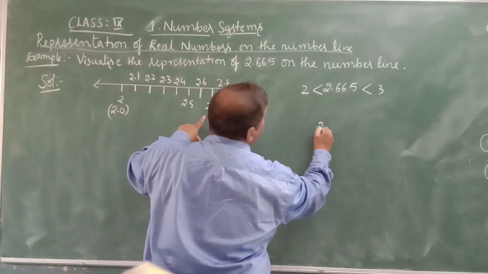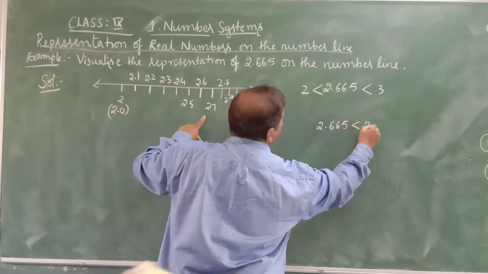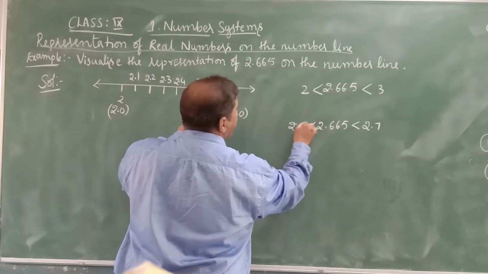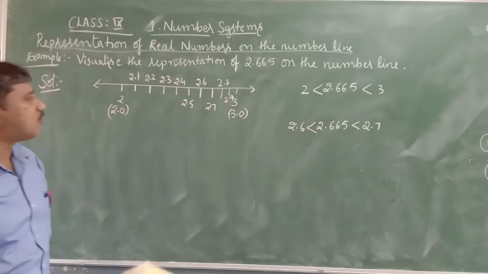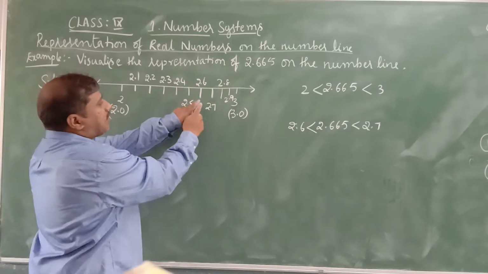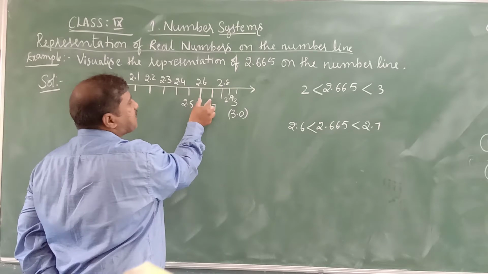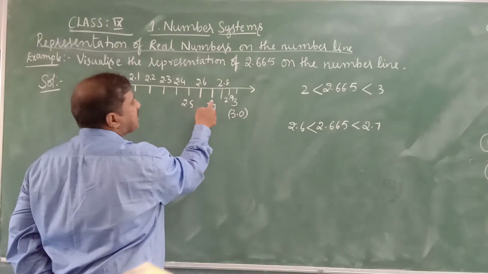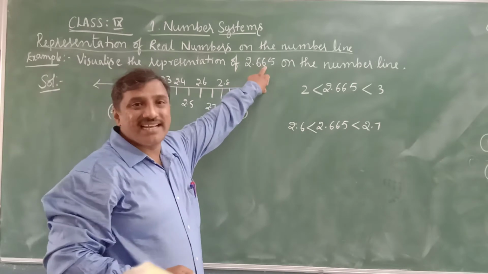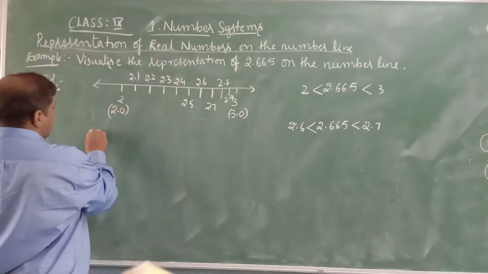So this number lies between 2.6 and 2.7. Divide this space between 2.6 and 2.7 into 10 equal parts to locate the second digit after the decimal point.